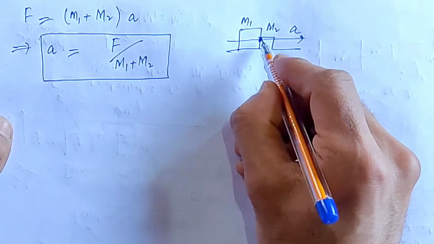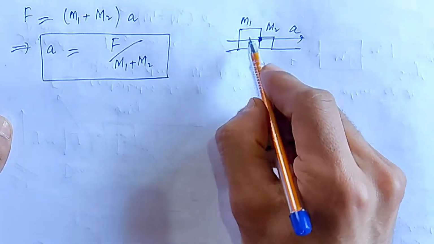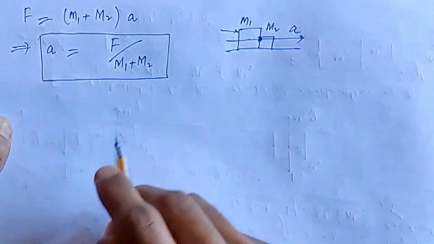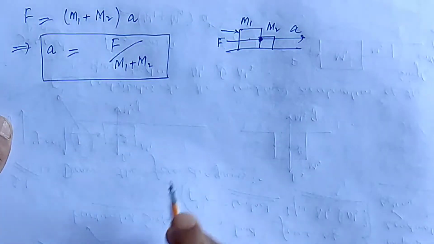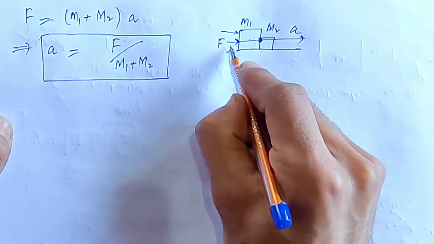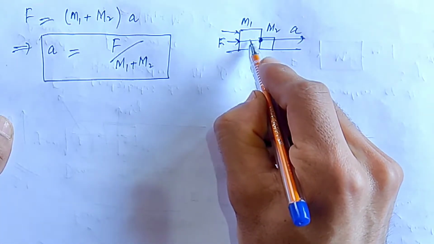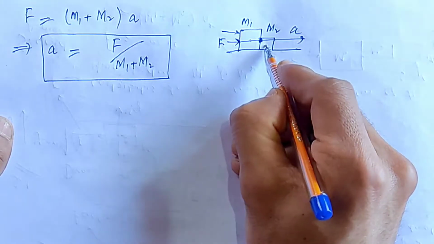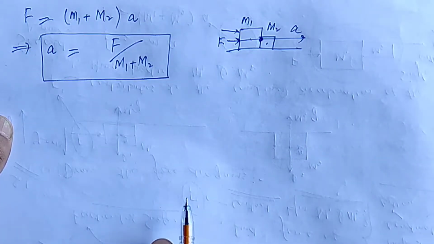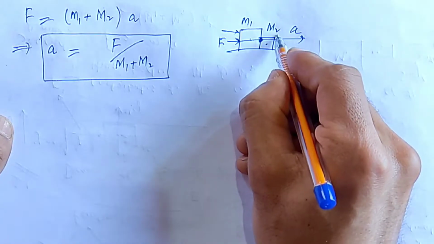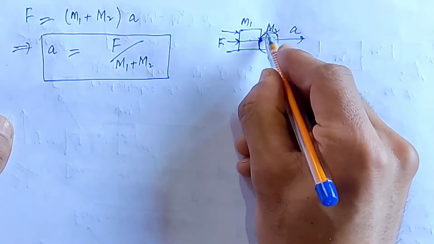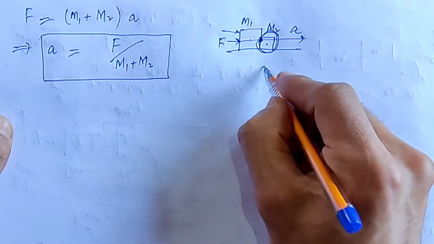Since force F is acting only on this body, this F causes motion in M1, which in turn causes motion in M2. So actually the force of contact is affecting this body M2.